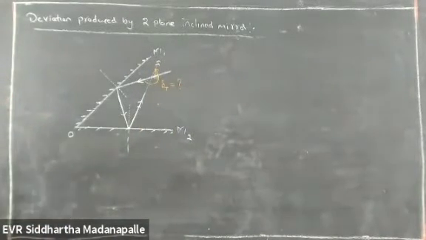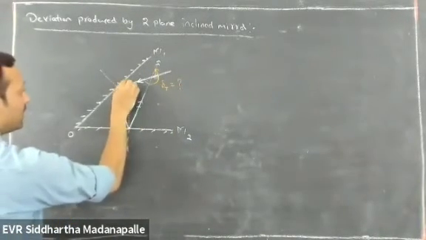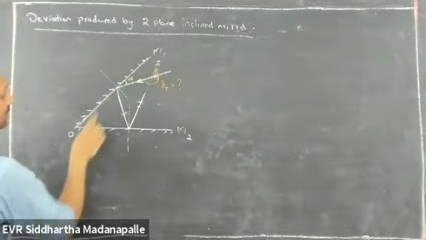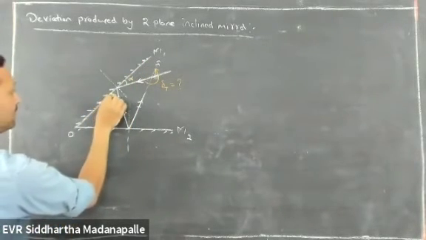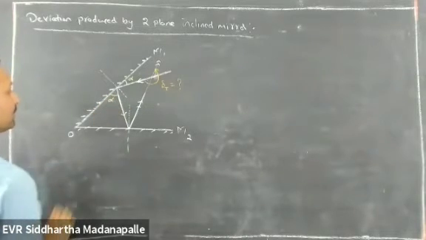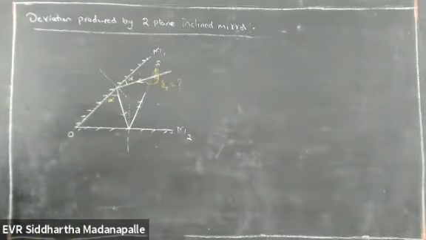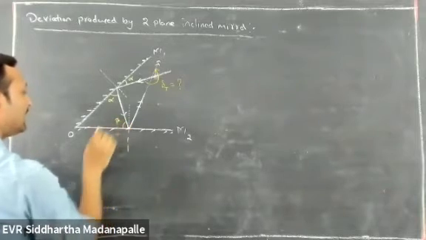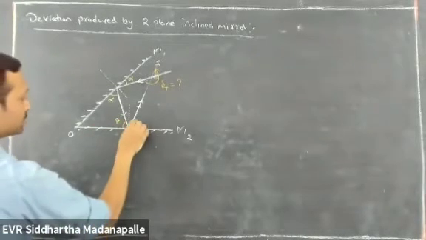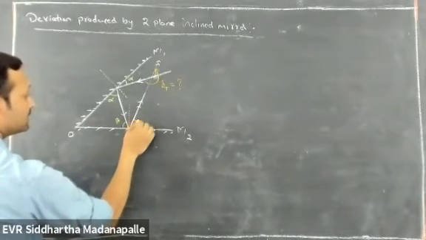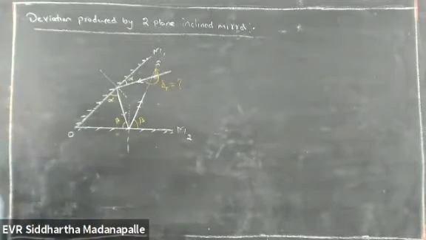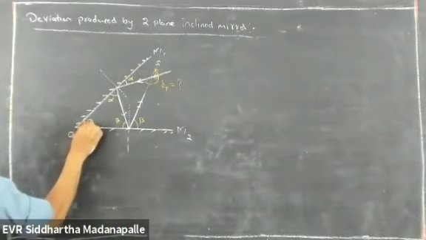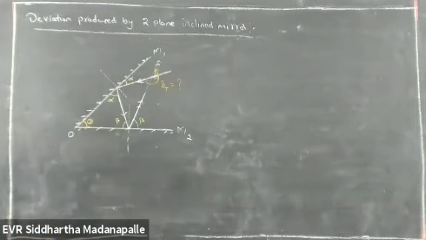Now let us consider alpha is the angle of glancing on the mirror M1. Then the reflected ray makes the same glancing angle alpha with the mirror M1. And let us consider beta is the glancing angle on the mirror M2. Then the reflected ray also makes the same glancing angle beta here. Let theta be the angle between the two plane mirrors.